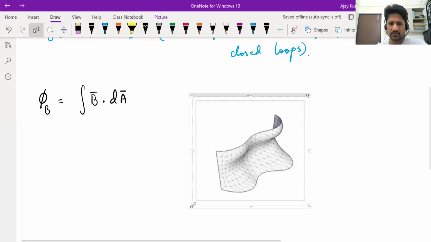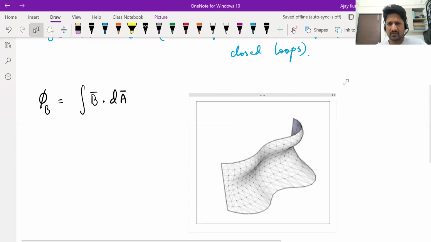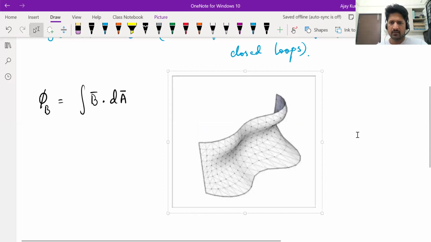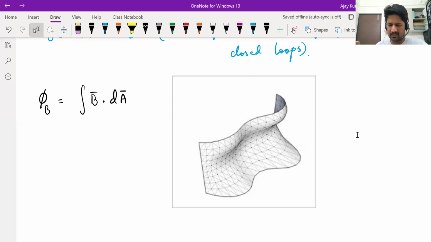Okay, consider this curved surface. It's some random shape, okay? And let's say over this surface, there is some magnetic field produced by, we don't know what produced the magnetic field, but let's say there is a magnetic field. So you can imagine some field lines like this.